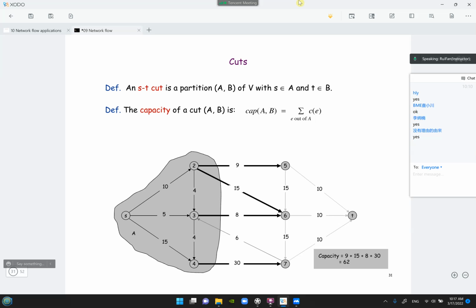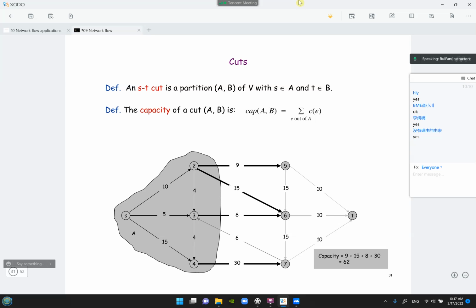You have this gray part, which is A, and everything else is in B. The restriction is that the source node S has to be part of A, and T has to be part of B.